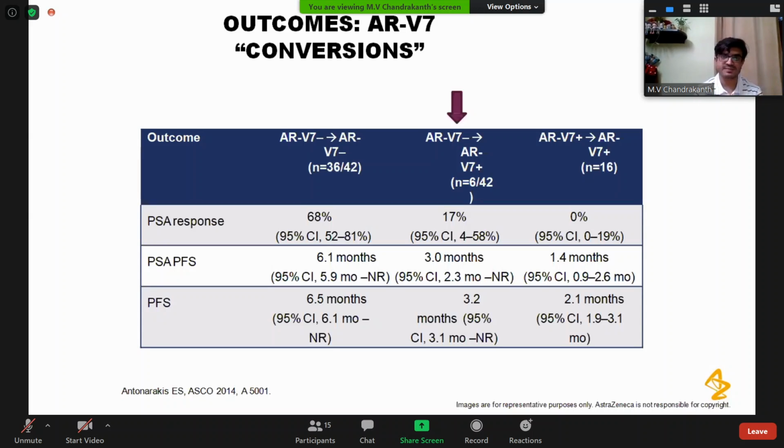Whereas if it is primarily endocrine resistant, ARV7 mutation is there right from the beginning, then the PSA PFS is 1.4 months. So it is 1.4 versus 3 versus 6 months, depending on whether it is primarily ARV7 mutant versus acquired ARV7 resistant mutation versus ARV7 negative population.